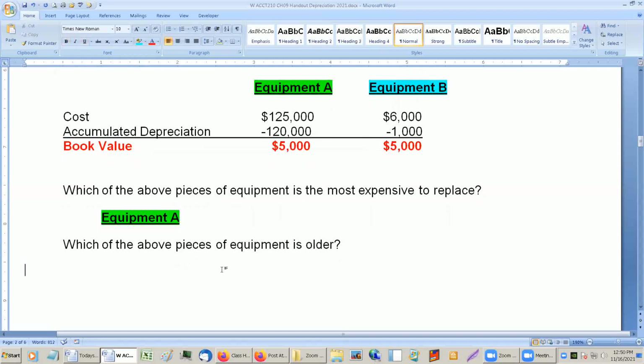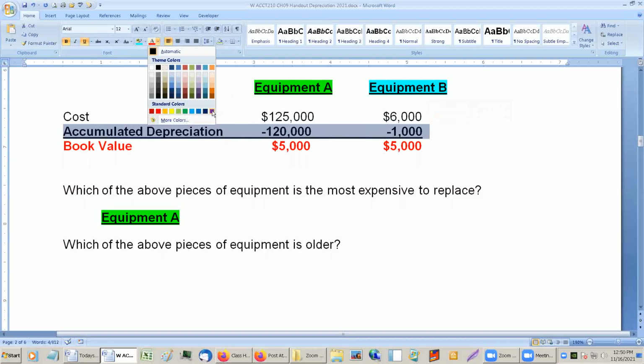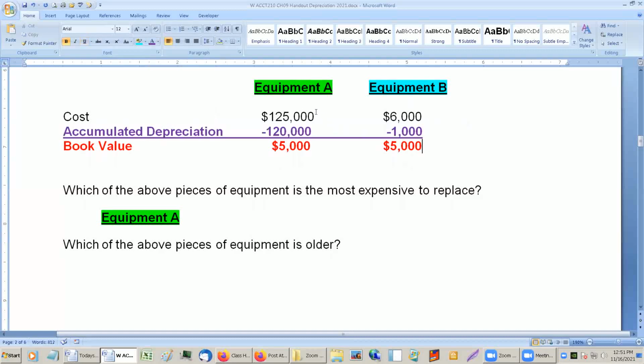Which one of the pieces of equipment is older? Well, if you look at the accumulated depreciation, much more of A is depreciated than B. B went down by 1,000, but relative to what it costs, it's not nearly as much as this.